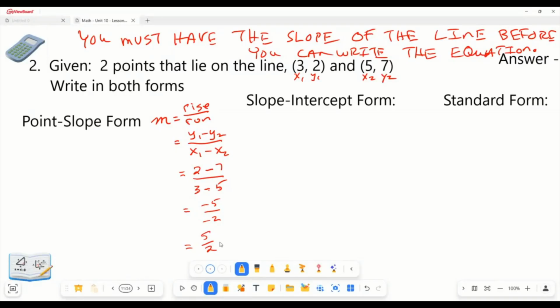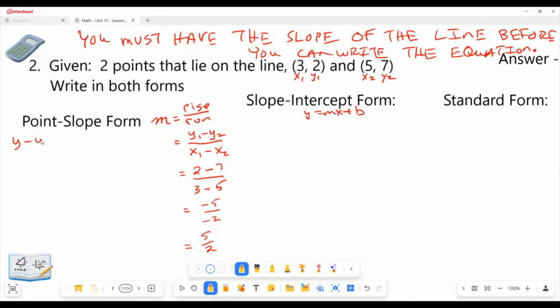If we had the y-intercept, we could just plug right straight into y equals mx plus b, because we just found m, but we don't have b. So we have to use the point-slope form that we learned on Tuesday. We didn't use it yet, but today we will be using it.